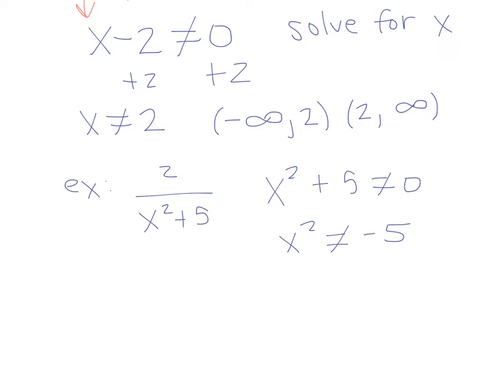When we square anything, it becomes a positive number. More specifically, if we square a real number, it's going to be a positive number. So what this tells us is that the domain is all real numbers, because there's no real number that we can plug in for x there and square it and get a negative.